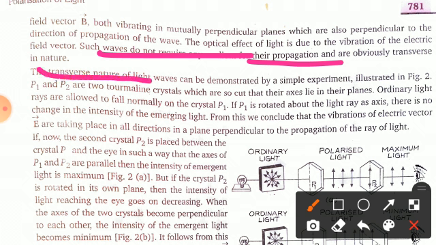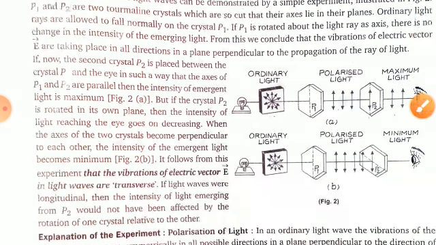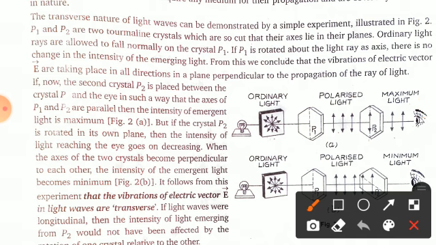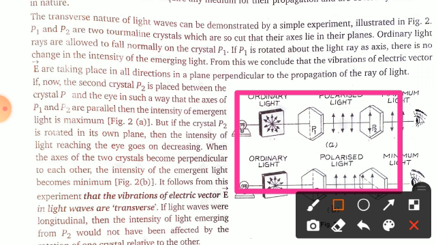Now the transverse nature of light waves can be demonstrated by a simple experiment you can see here. This is figure number 2, in which we are demonstrating the transverse nature of light. So what's going on here? Let us suppose P1 and P2 are two tourmaline crystals which are so cut that their axes lie in the plane.